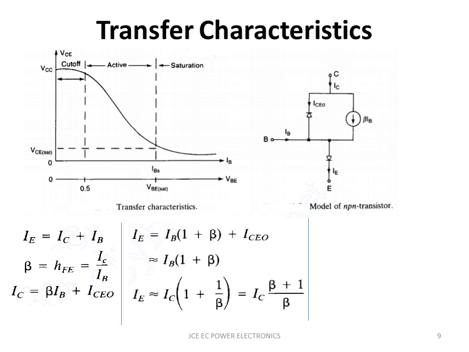And then we are taking this equation IE equal to IC plus IB. Once I substitute IC as equal to beta times IB plus ICEO, I will get IE equal to IB into 1 plus beta.